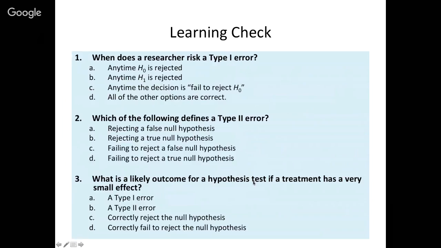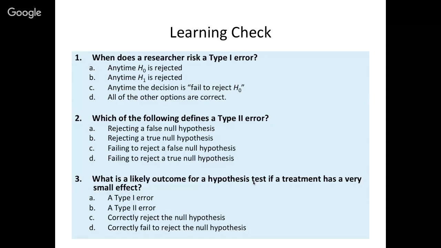And what is a likely outcome for a hypothesis test if a treatment has a very small effect? Very small effect, but we do have an effect, right? But if the treatment effect is very small, it's hard to detect, meaning we may fail to reject the null hypothesis.